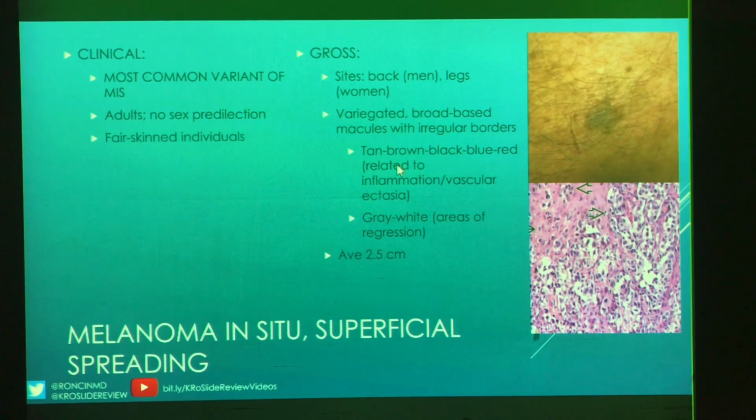And as we can see, it was a variegated, broad-based macule with very irregular borders and lots of different appearances to it. Gray-white is the one to pay attention to, because gray-white appearance is areas of regression, or areas where this is self-healing, for lack of a better word. And they average about 1 inch in size.